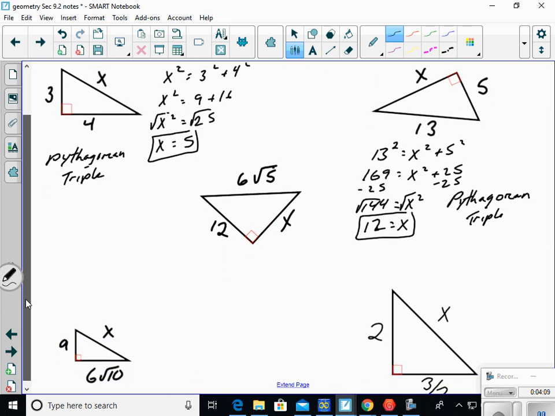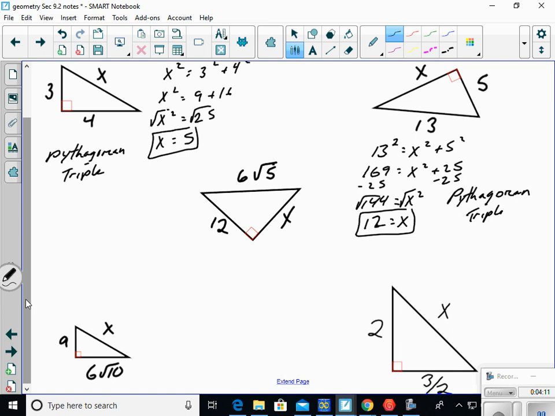Alright, so now the one in the middle. Across from the right angle is the hypotenuse, so 6 square roots of 5 is our C. It's going to equal 12 squared plus x squared, our two legs.